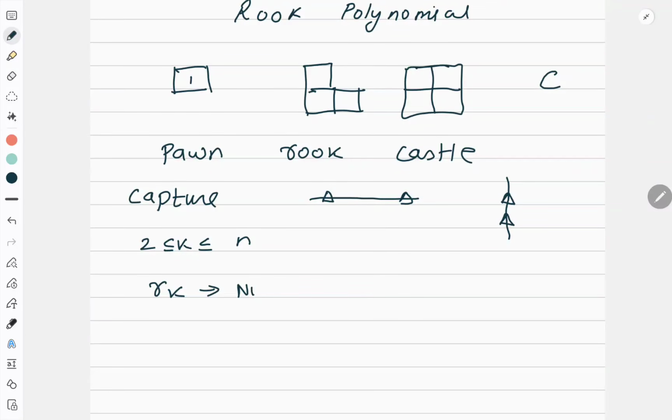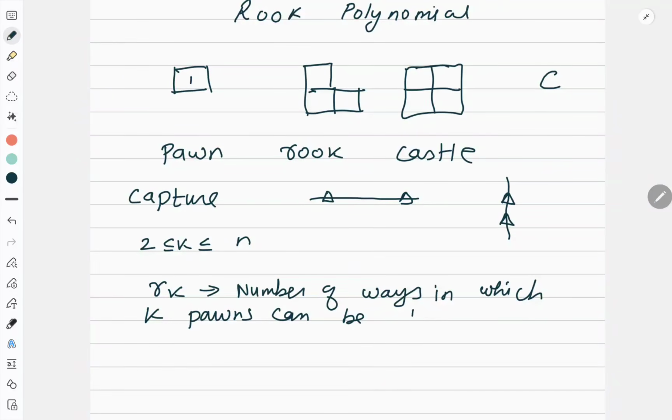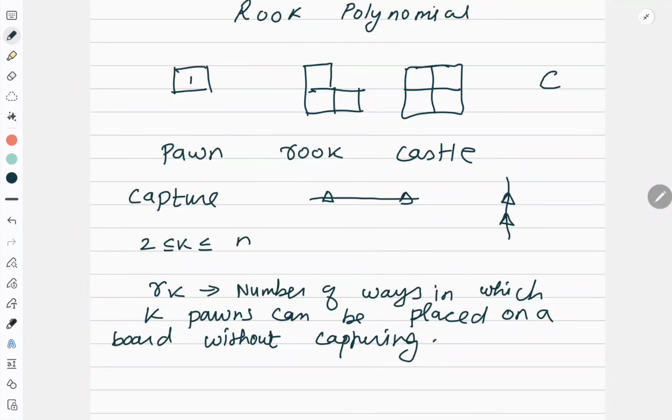So Rk is the number of ways in which k pawns can be placed on a board without capturing each other. Okay, so that will be our target.